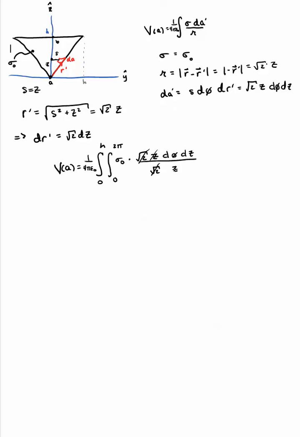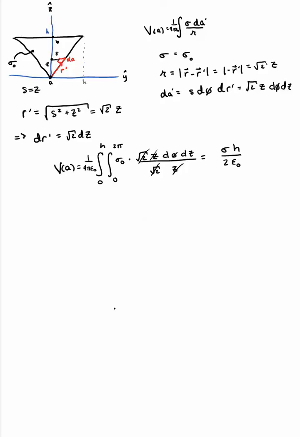So the root 2 z's cancel out, and we're left with this integral where phi is going to run from 0 to 2 pi, and z is going to run from 0 to h. If we carry out that integral properly, we will get sigma h over 2 epsilon naught for the potential at A.